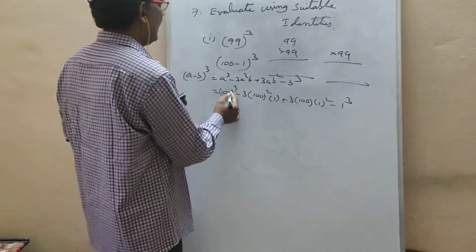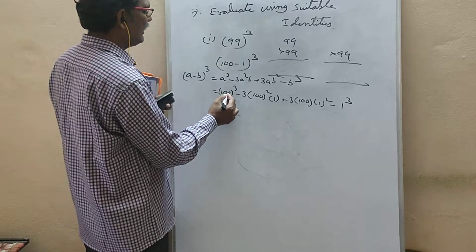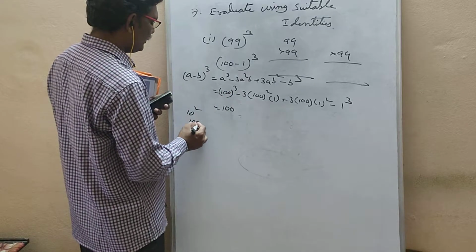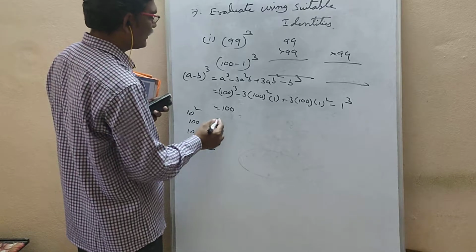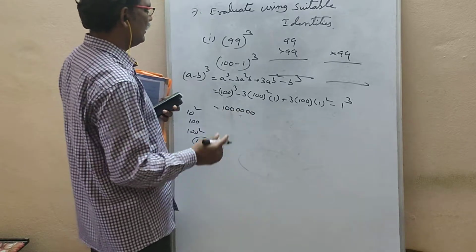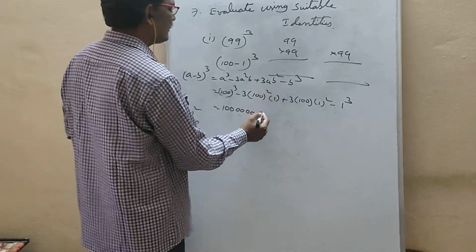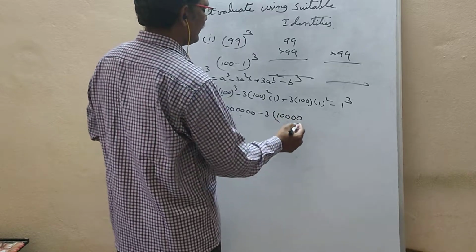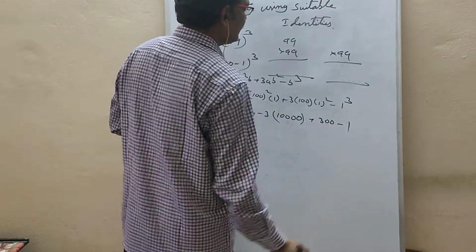Now 100 cube: 100 square means you have to write 2 zeros. 100 into 100 means 2 more zeros. Cube is there, so 2 zeros 3 times I kept here. Minus 3 into 100 square means 2 zeros I have to keep here, into 1 means same will come. That is 300 minus 1.